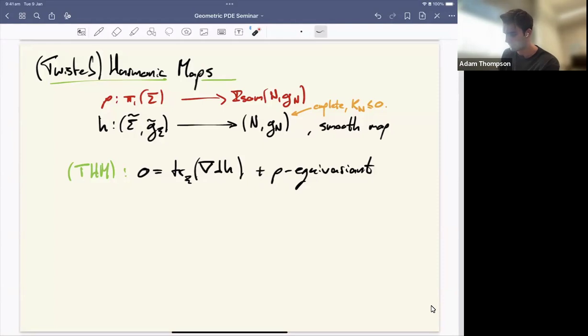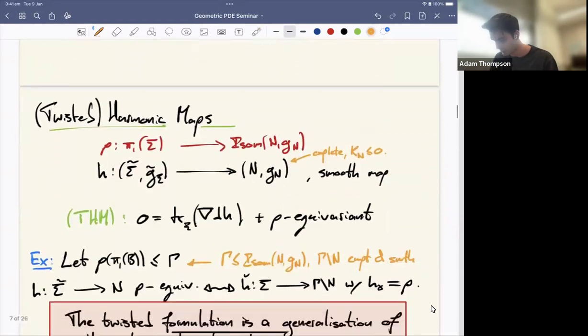From now on, I'm going to assume that this target manifold is complete and has non-positive sectional curvature. Then the correct thing to do in this case is I require, of course, my harmonic map equation, and I'm also going to ask now for H to be rho equivariant.